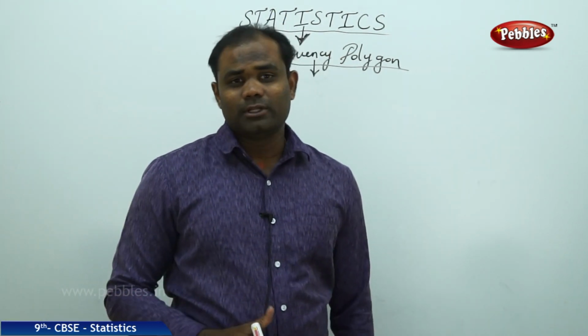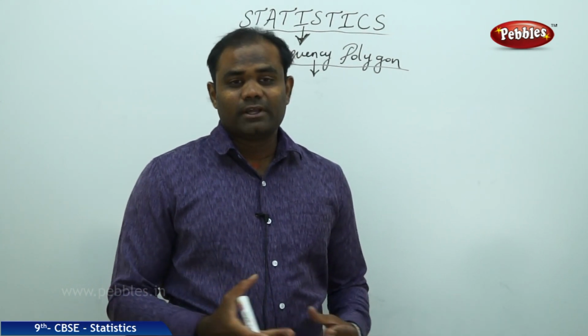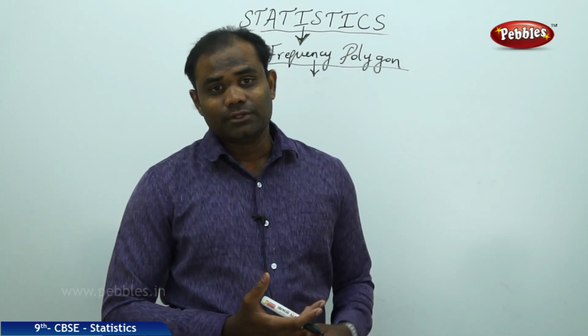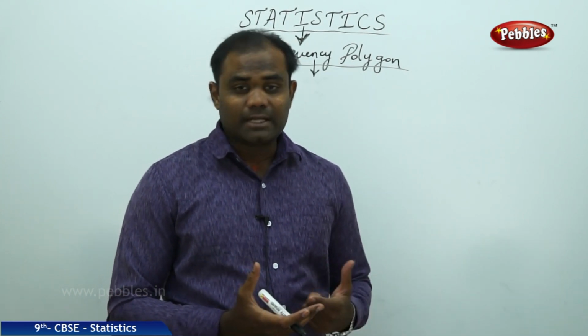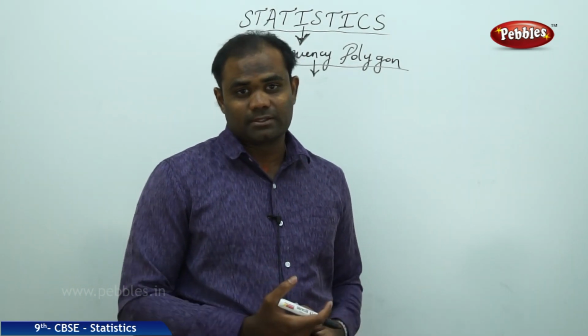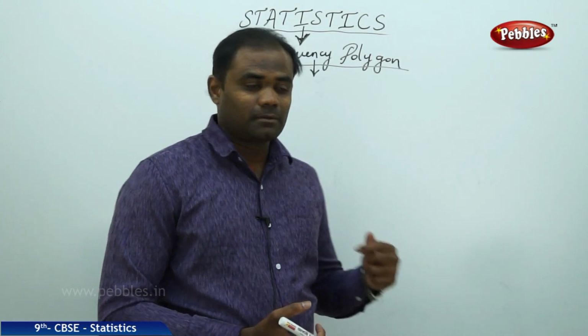We know that a polygon is an n-sided closed figure. So a frequency table also defines an n-sided closed figure using the histogram, and that n-sided closed figure is called a polygon of n sides. Let's see a polygon in brief.